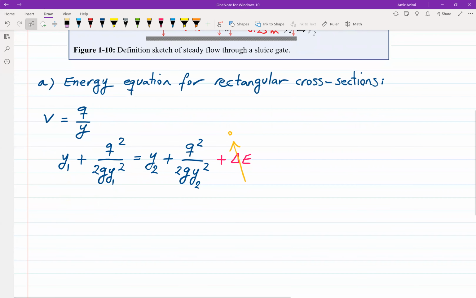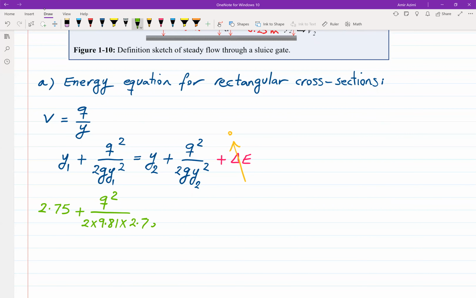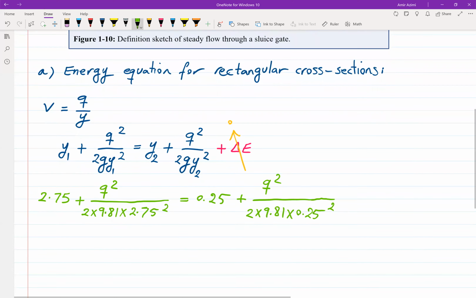And then we put the values for y1 and y2. 2.75 plus q squared divided by 2 times 9.81 times 2.75 squared is equal to 0.25 plus q squared divided by 2 times 9.81 times 0.25 squared. So we have one equation, one unknown.